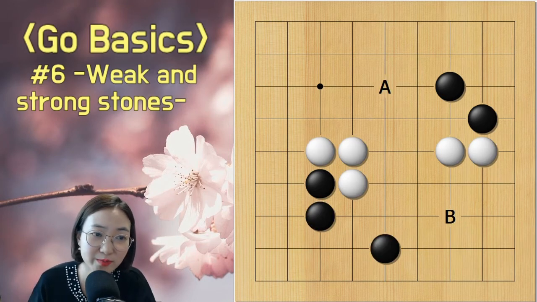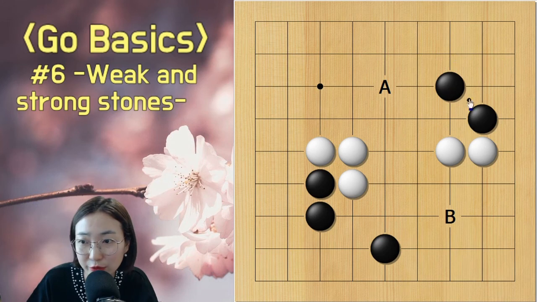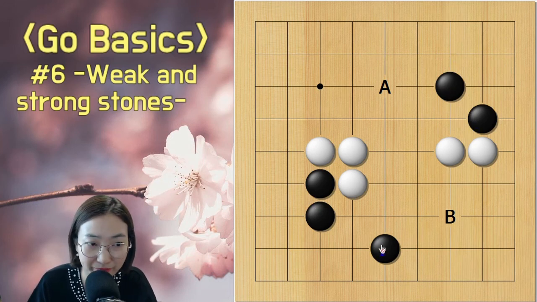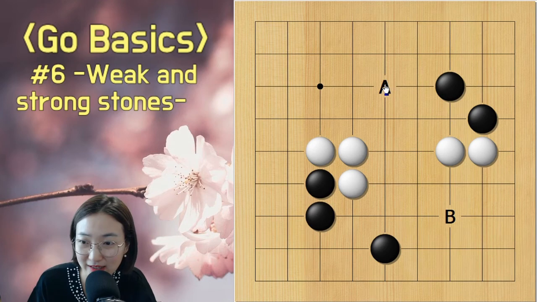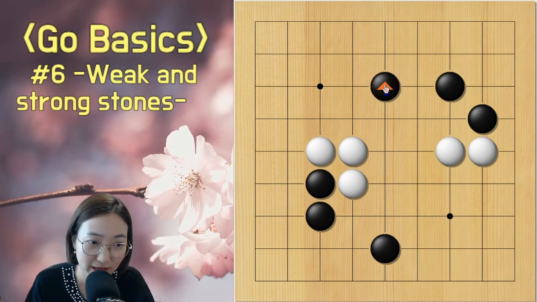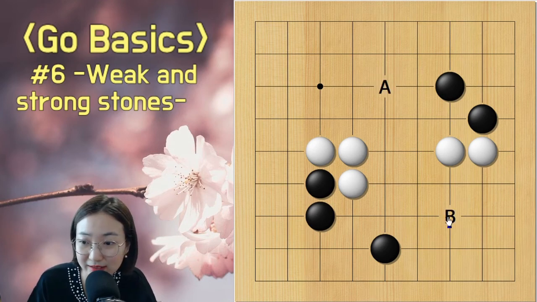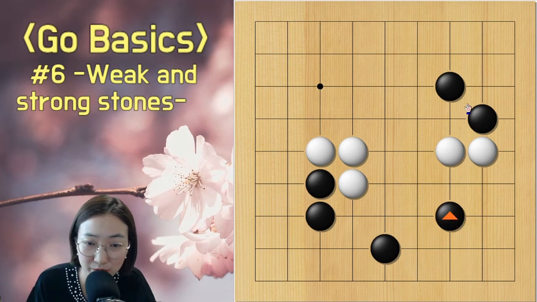In this problem, are these two stones weak or these three? The answer is the two stones, so black should play A. If black were to play this move, the two stones on the upper right corner are still very weak.